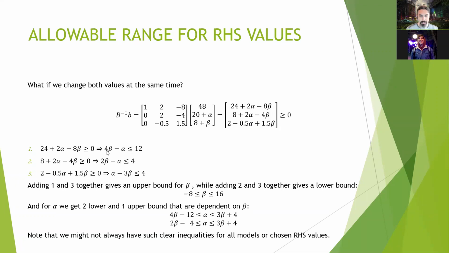Now let's see. This part added to this part. These 2 values are smaller than these 2 values. So when you add these 2 values, you will get a lower value on the left-hand side anyway. Let me just make sure that you understand what I'm talking about. Let's say 1 is less than 5 and 0 is less than 6.